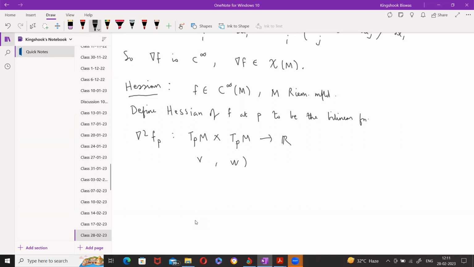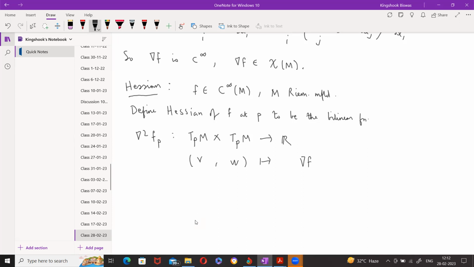So v, w, a pair of tangent vectors, goes to what? You want to take the derivative of the first derivative. First derivative for a Riemannian manifold corresponds to the gradient vector. Now I want to differentiate this in the direction of v. How can I do that?